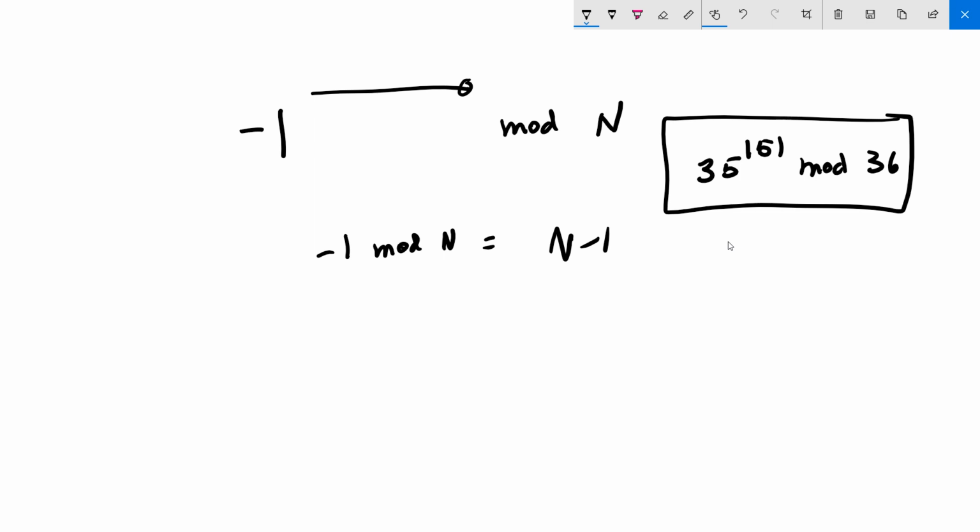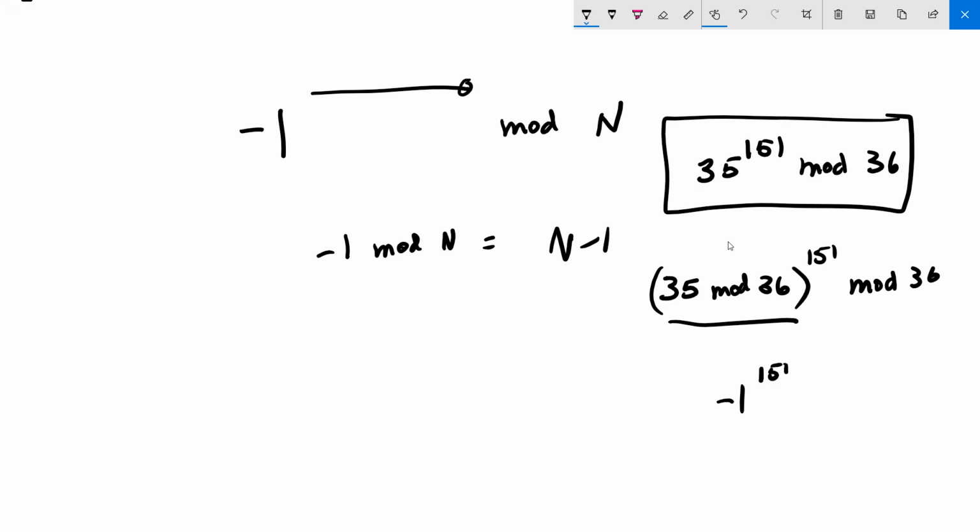What you have to recognize is that you can rewrite it as 35 mod 36, by the substitution rule, to the 151st power mod 36. This is just -1. -1 and 35 are the same mod 36, since they're 36 apart. So that's the same as -1 to the 151st power mod 36, which is just going to be -1, which we can rewrite as 35 to put the answer in the right range.